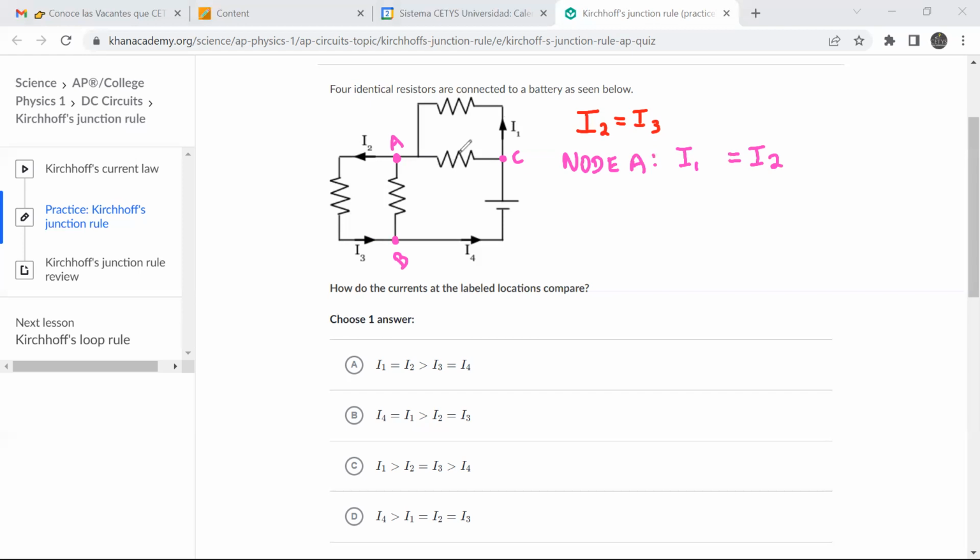But there's also this resistor here, and there's something here as well. So I1 is going in here, and I3 doesn't count. I2 and I3 are the same thing. So there's another current going out, and it will be I2. Exactly, it has to be the same.